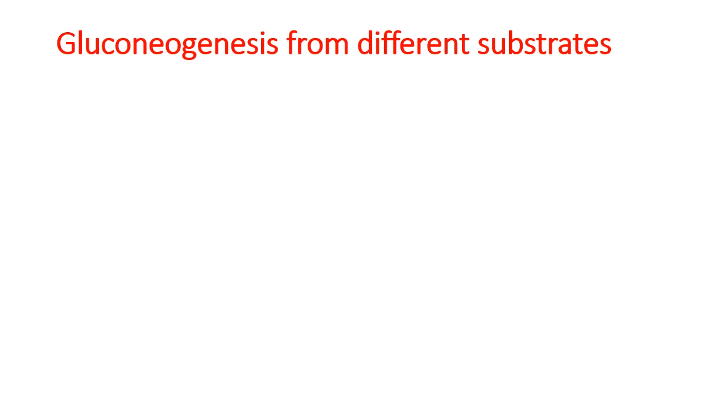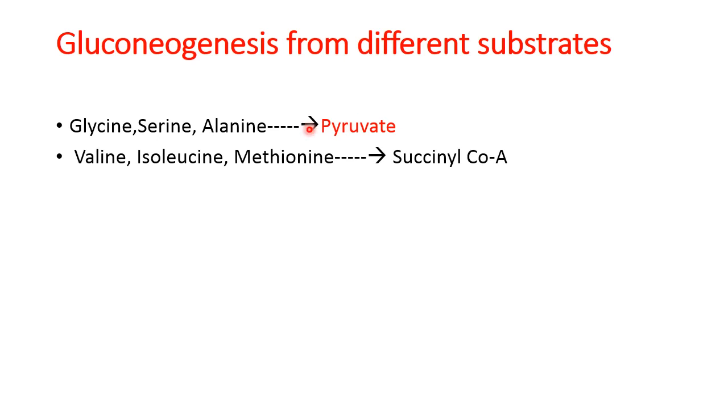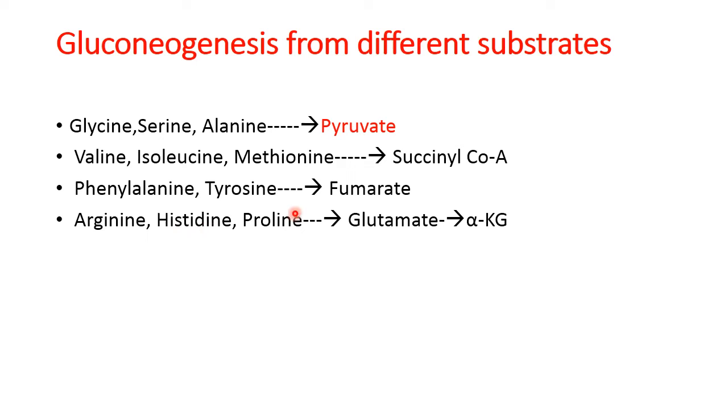Other than lysine and leucine, which are purely ketogenic, the rest of the amino acids have some potential to form glucose. Like glycine, serine and alanine, they can get converted to pyruvate, and from pyruvate glucose can be synthesized. Valine, isoleucine and methionine get converted to succinyl coenzyme A. Phenylalanine and tyrosine can get converted to fumarate, and arginine, histidine and proline get converted to glutamate, and from glutamate to alpha ketoglutarate.